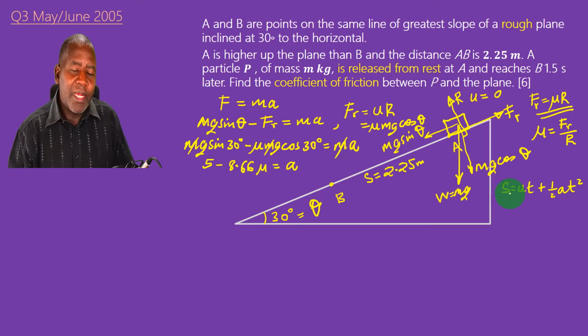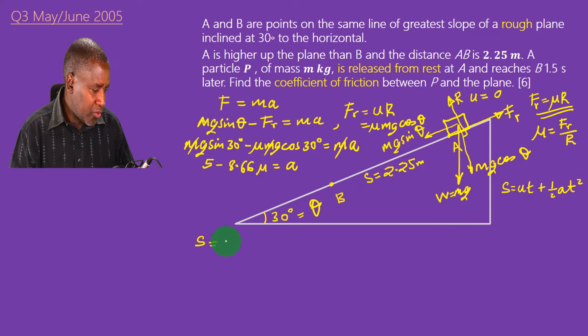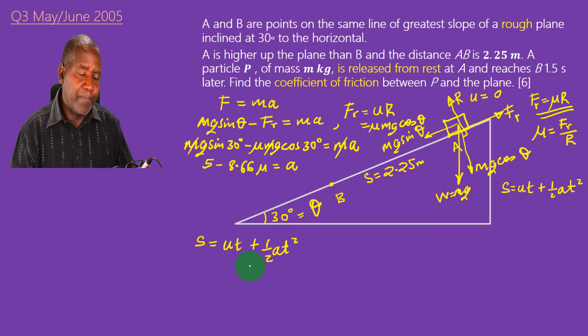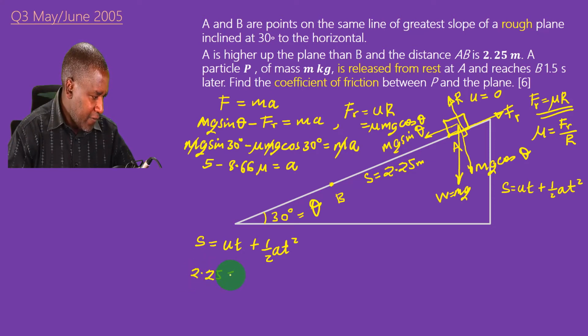Now, let me come here and see whether this one can help me out. Now I have S is equal to UT plus a half A T squared. What is my S? The value of S is 2.25. The value of U is 0, so that makes it 0.